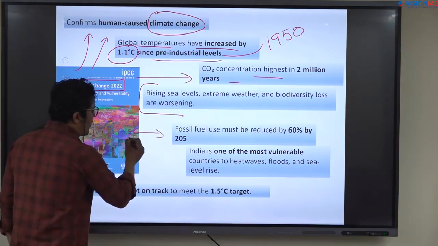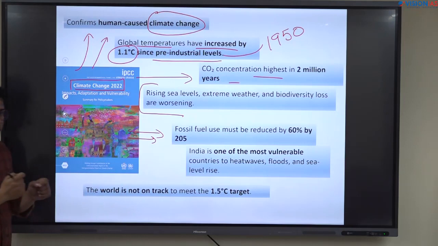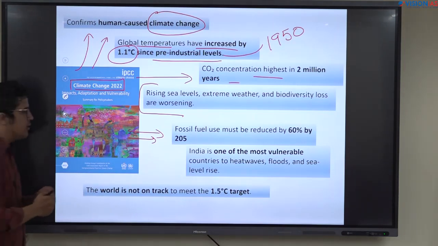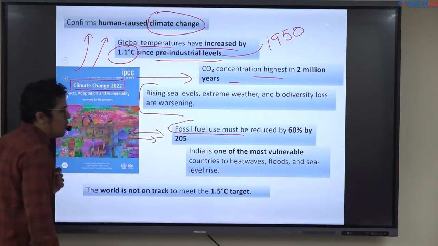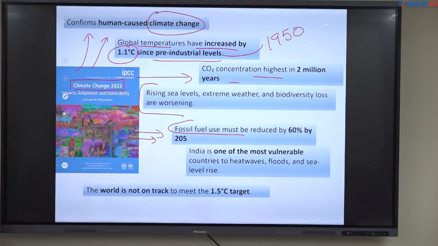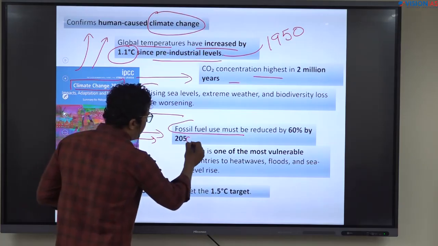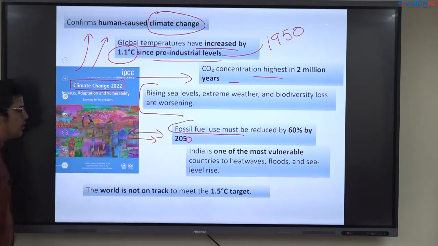This report says that if we have to control global warming, if we have to tackle climate change, this is the only solution in front of us. The usage of fossil fuels must be reduced by at least 60%, more than 50%. By which year? By the year 2050.